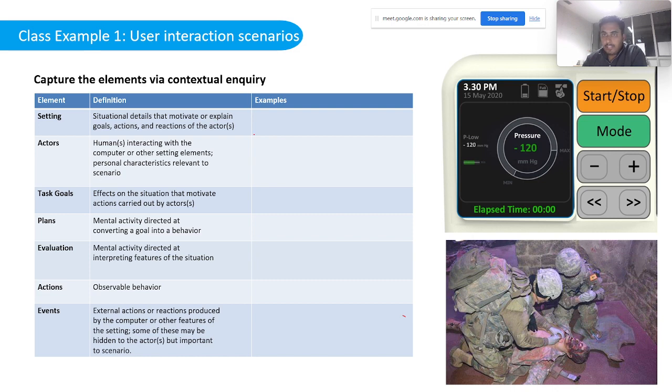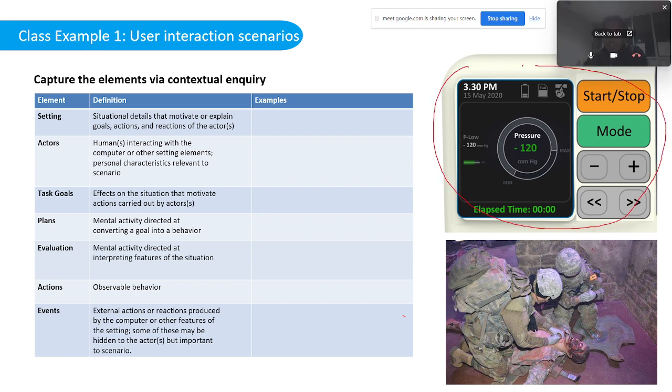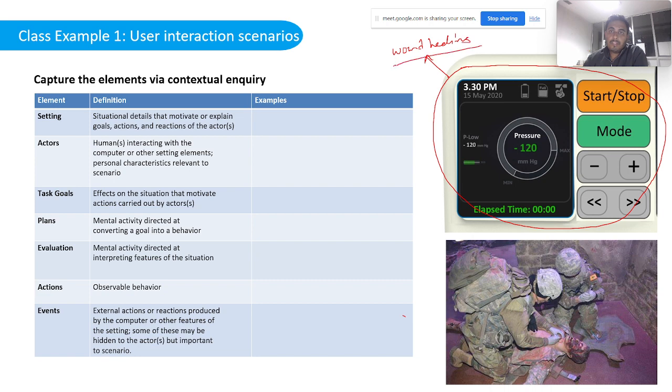Suppose this is a medical device, a particular medical device which is used for wound healing. The function of this device is wound healing, and you have a user interface having a graphical user interface and a tactile button interface.